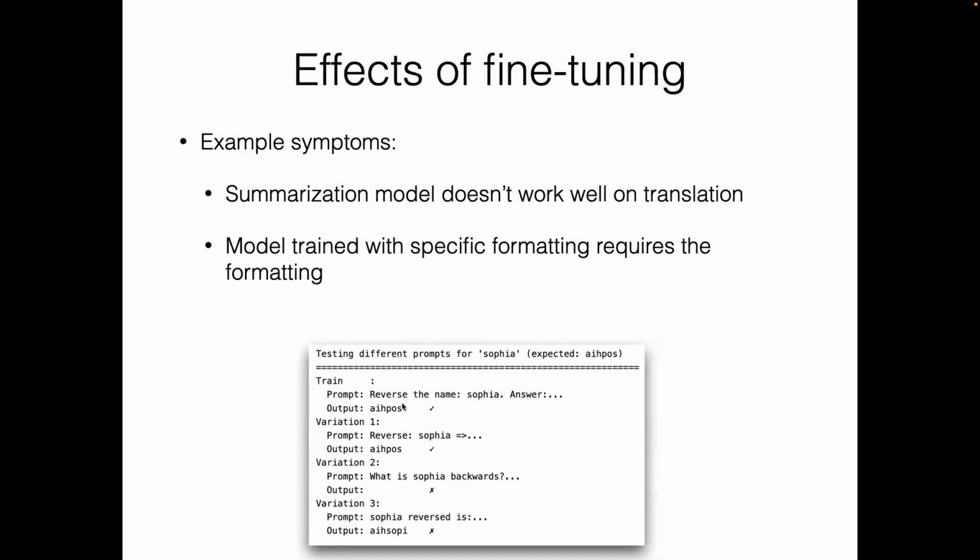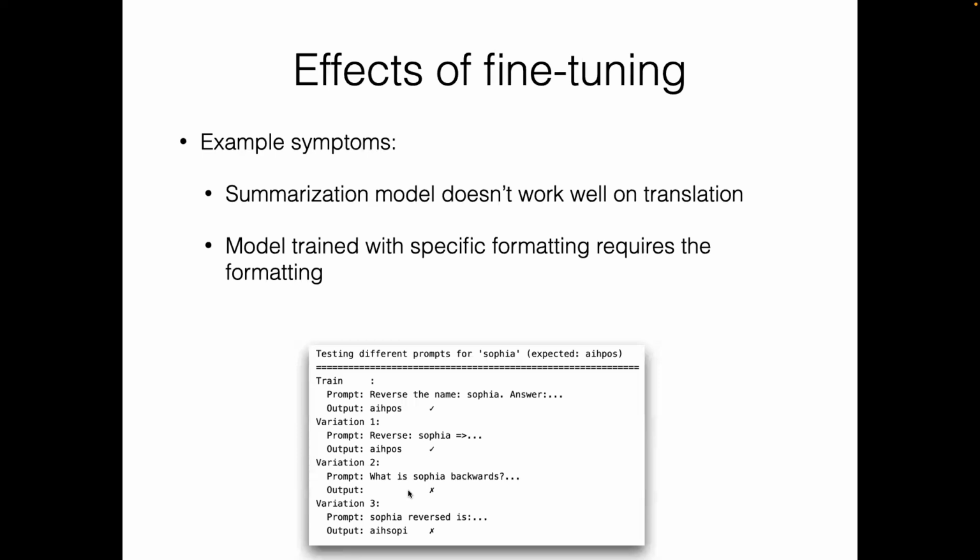Here, in the same notebook, here's the original input format, "reverse the name, colon." The model is able to still perform okay if you just say "reverse," but if you give it these different versions of the reversal task, then it fails catastrophically or just outputs nothing. Whereas the pre-trained model seems to be more flexible with the specific prompt.